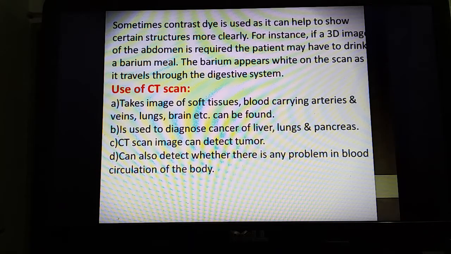That means this is harmful for a pregnant woman. At the same time, as we have told, sometimes contrast dye is used, and that may cause allergic reactions in some people. That also varies from person to person, but this is a negative point about a CT scan machine. So this is the overall discussion about CT scan.